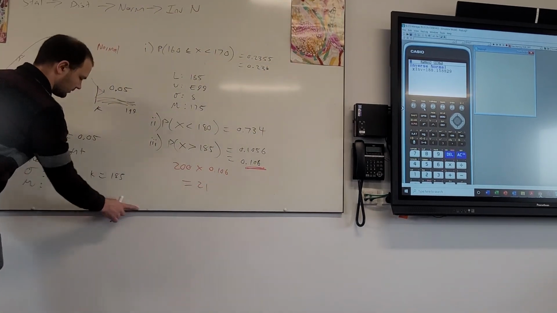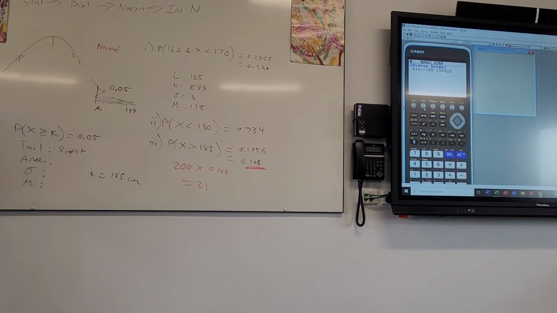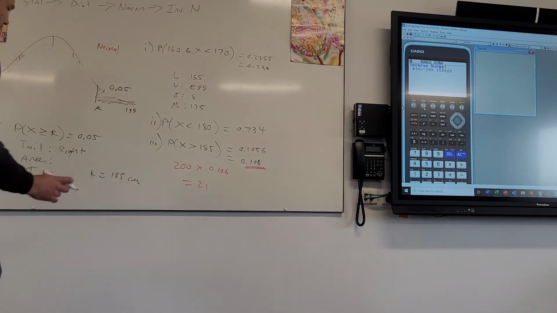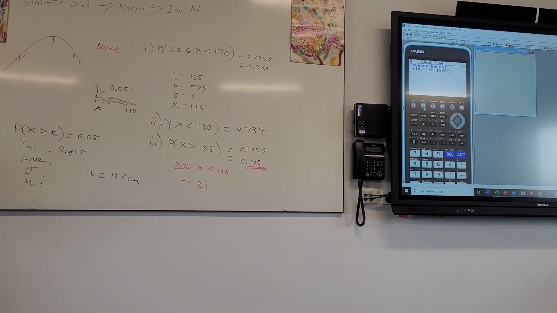So we'll just leave it as 188. So what that means is, if you're 188 centimetres or taller, you're in the tallest 5%, based off this distribution. I just made it up.